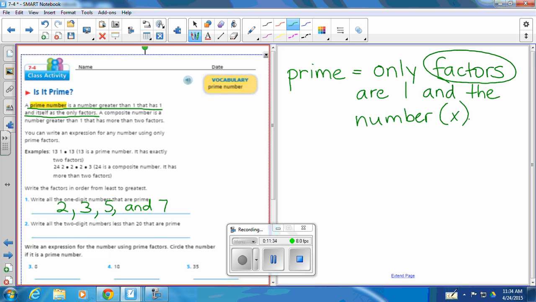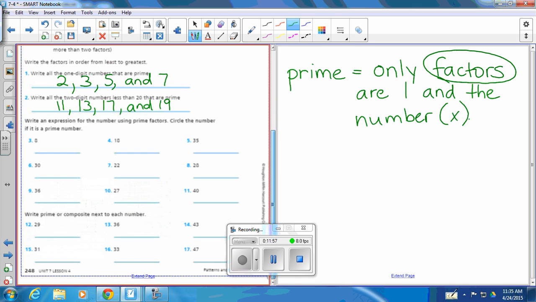If you look at number 2, it says write all the two-digit numbers less than 20 that are prime. So 11, 13, 17, and 19 are all prime. So we're going to use that information to try numbers 3 and 6. It says write an expression for the number using prime factors.